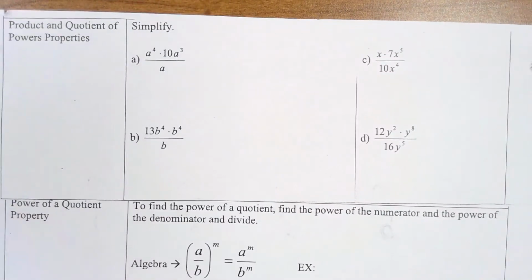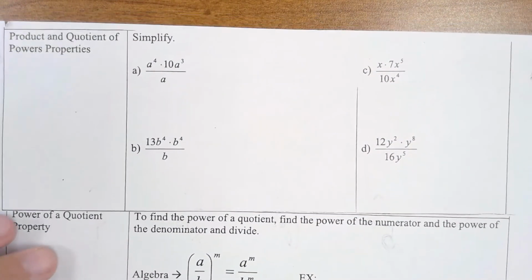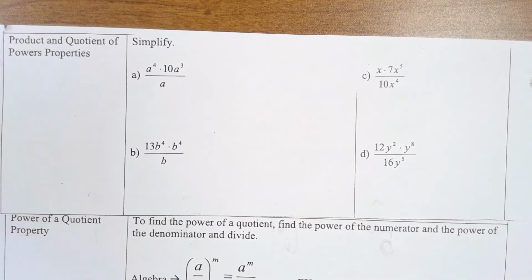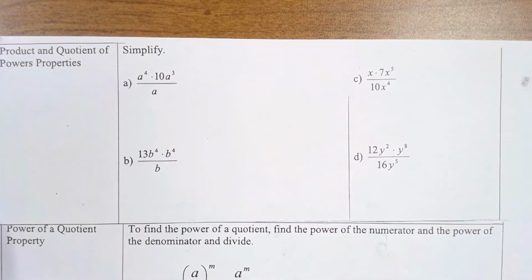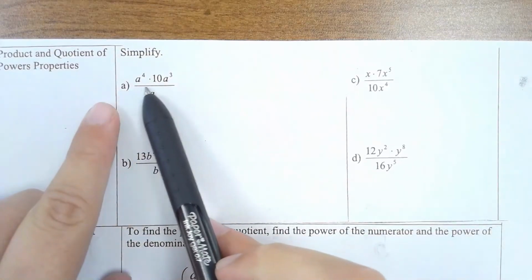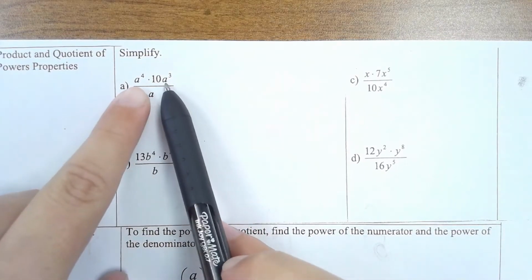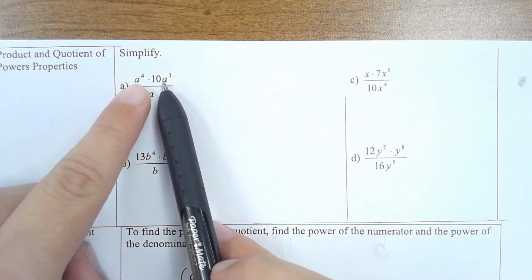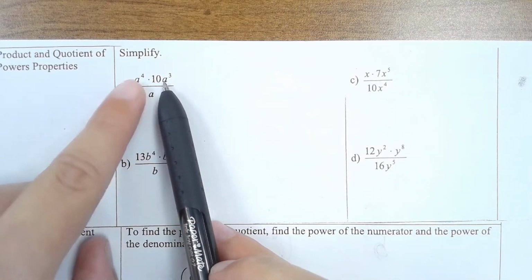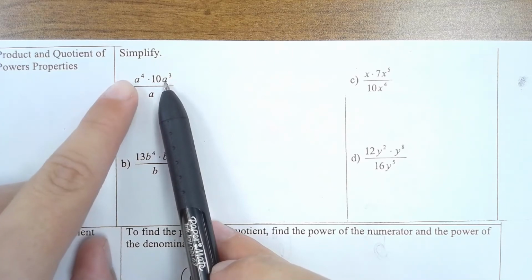So now we are going to be talking about some quotients. So we're just going to do some basic product of quotients with some simplifying that we need to do first. Looking at this one, notice how I have the same base in the numerator. So that means that I can simplify my numerator first before I do anything with the a that's in the denominator.